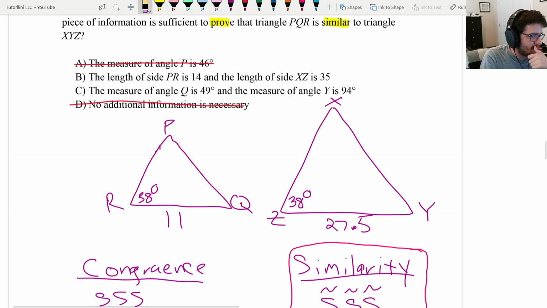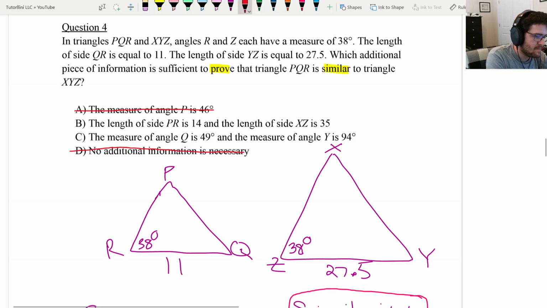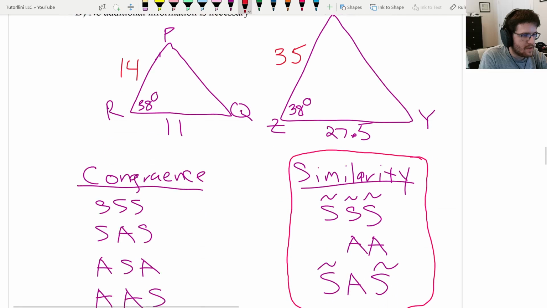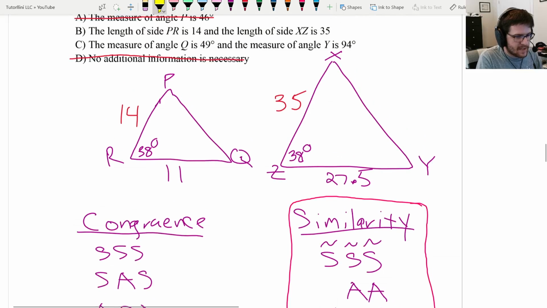All right, the length of side PR is 14. And the length of side XZ is 35. Okay, that's actually looking pretty good. This is looking like side, angle, side. This one, SAS. Now we just have to check if it's in the same proportion.